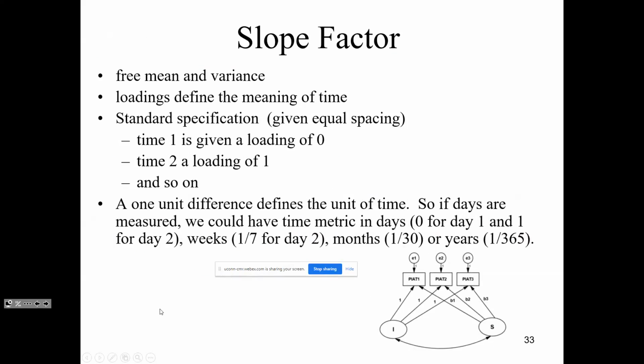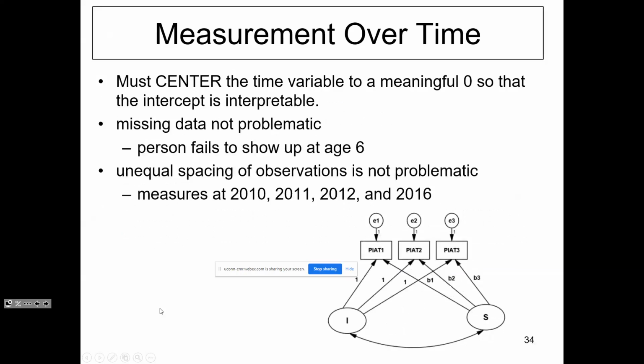I think there's nothing new there, but what I do want to talk about briefly is that, again, we need to think about how we code or center time so that we have a meaningful 0 so that the intercept is interpretable, right? Because remember, the intercept is the predicted value when the slope factor is 0. So I'm talking about this intercept, right?